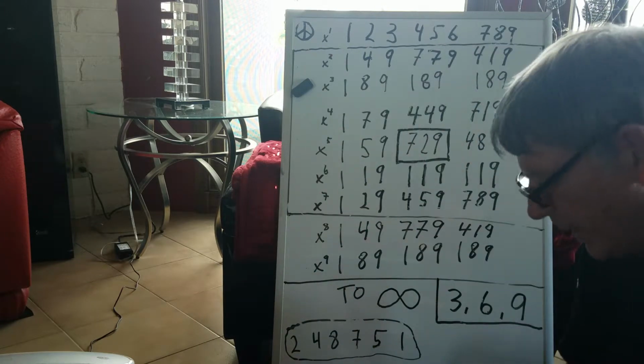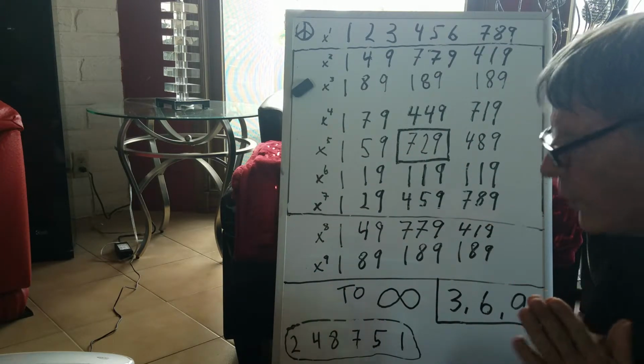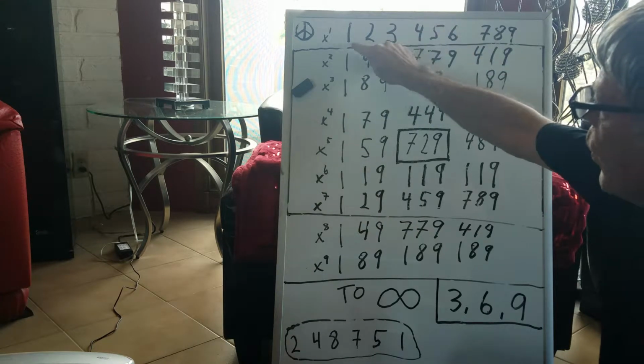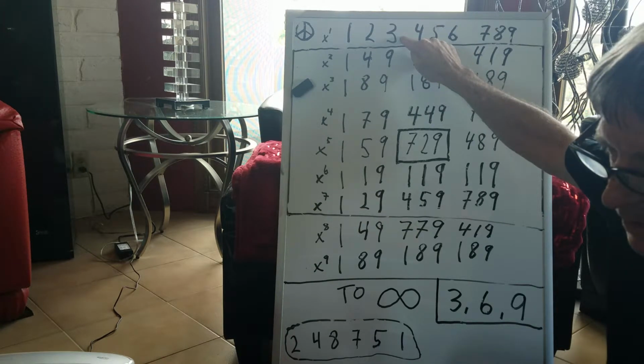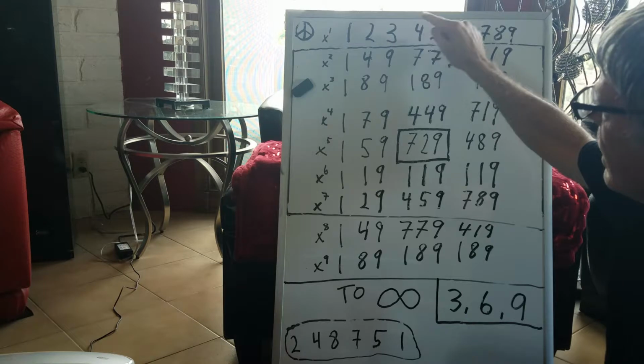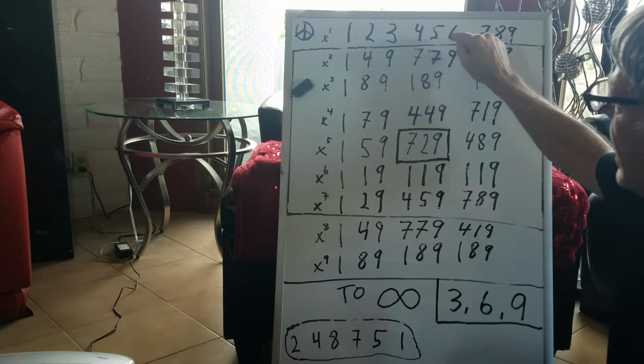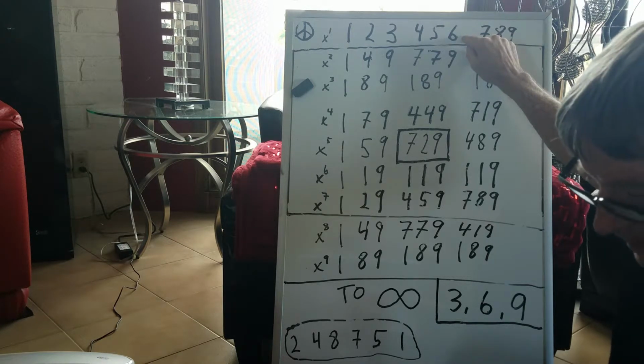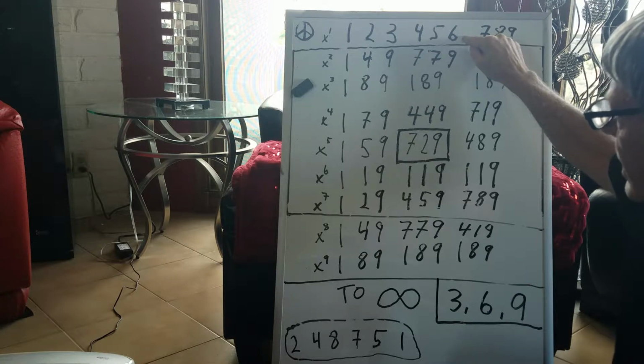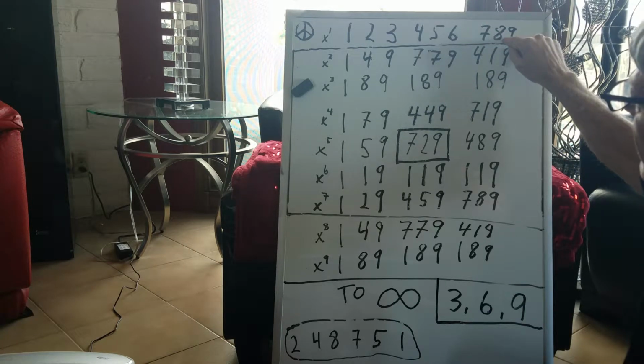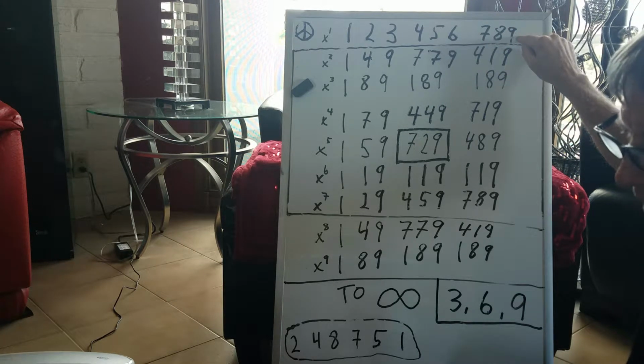So 1, 2, and 3 add up to 6: 1 and 2 is 3, and 3, that's a 6. That's not a coincidence. 4, 5, and 6 is 15, which is 6. That's not a coincidence. 7, 8, and 9, 15 and 9 is 24, that's 6.